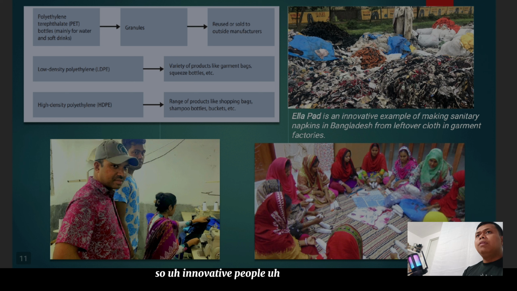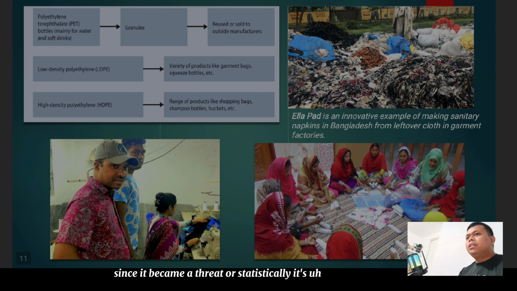So innovative people helped each other in order to produce this innovation for the community, especially the women, to address the concerns for their personal hygiene, since it became a threat, or statistically it's a growing concern in their community during the times that they have menstruation, tapos scarce ilahang menstrual pads. So this innovation was made by the people working together.